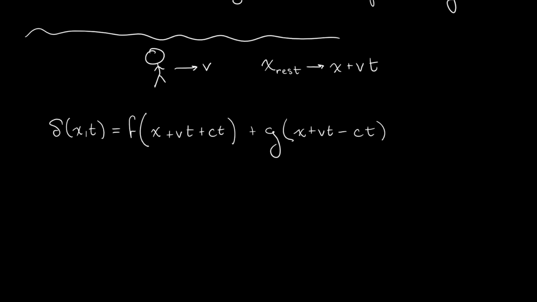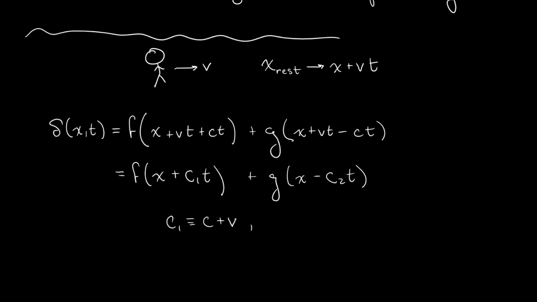Which again, I'll just rewrite as f of x plus c1t plus g of x minus c2t, where c1 I've defined as c plus v, and c2 is c minus v.